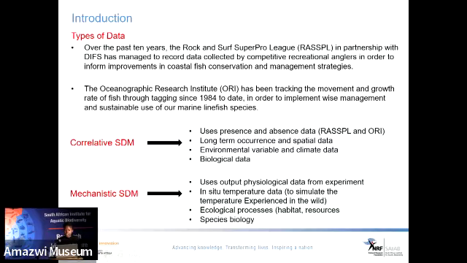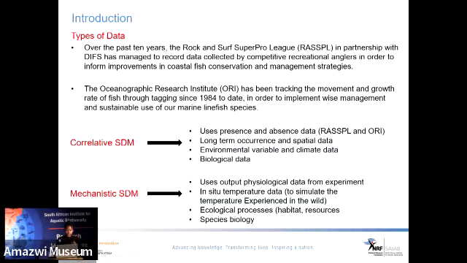Now, over the past 10 years, the Rock and Surf Super Pro League, RESPO, in partnership with the Department of Ichthyology and Fisheries Science, has managed to record data collected from competitive recreational anglers in order to inform improvements in coastal conservation and management strategies.